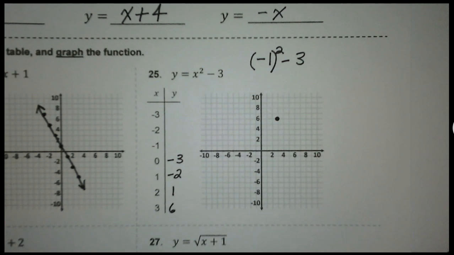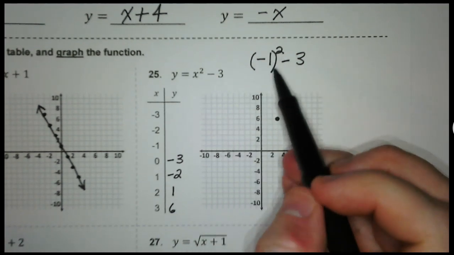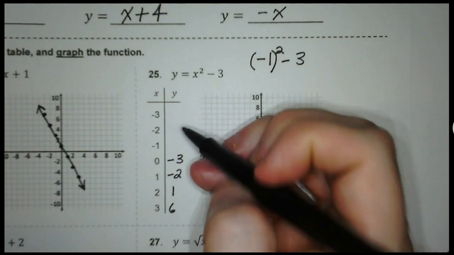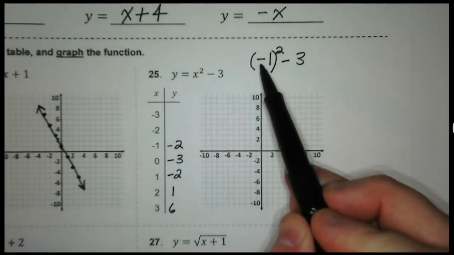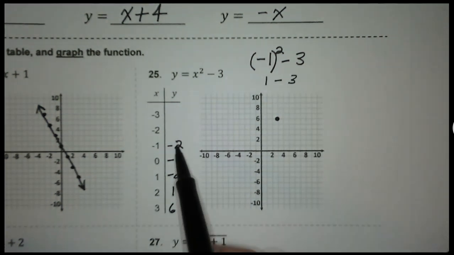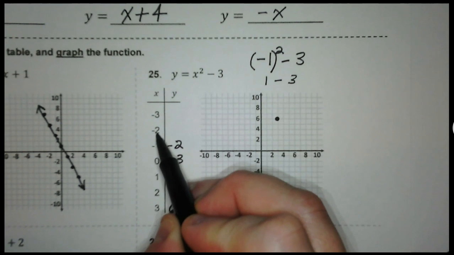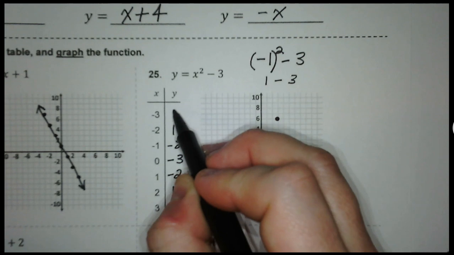You have to tell the calculator that not just the 1 is squared, the entire -1 is squared. You would need those parentheses. Because -1 squared is +1, and then 1 minus 3 is -2. Okay, -2 squared is +4, and then minus 3 is 1, and then 6.